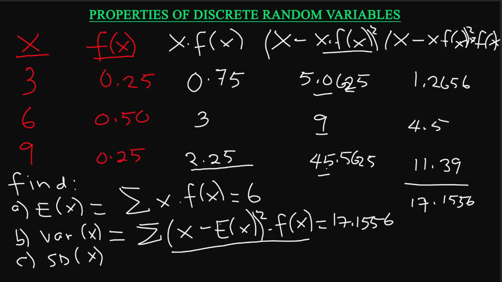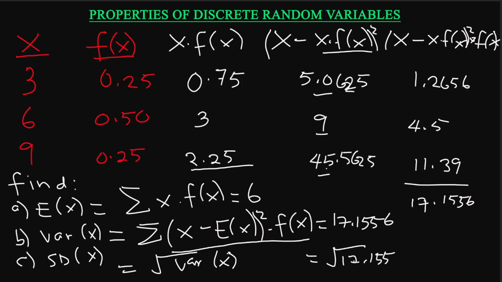So the variance is equal to 17.1556. What is the standard deviation? The standard deviation is the square root of the variance of x. We just calculated the variance to be 17.1556.